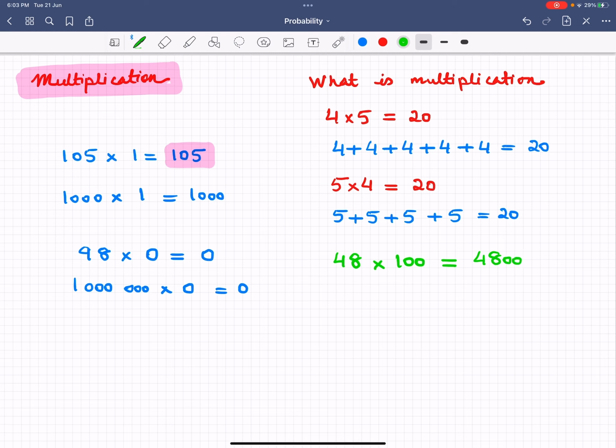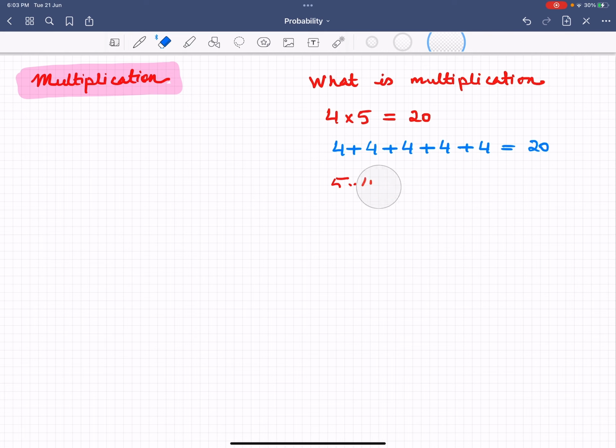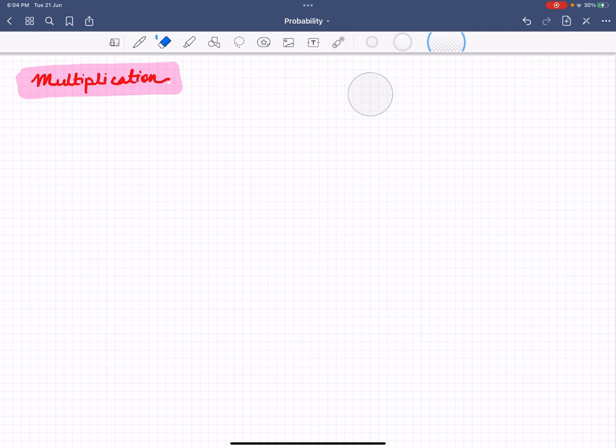If we have another multiple of 10, for example, the number 99 multiplied by 1000, all I need to do is to add 3 zeros in my answer. So these are some basic multiplication facts, and most of the students know these facts, but it's always good to revise facts.